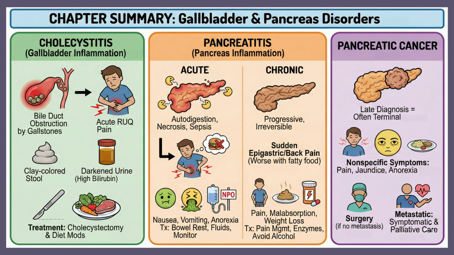Moreover, the strong link between modifiable risk factors like smoking and pancreatic cancer reinforces the nurse's role in health promotion and primary prevention, even in the context of a devastating diagnosis.